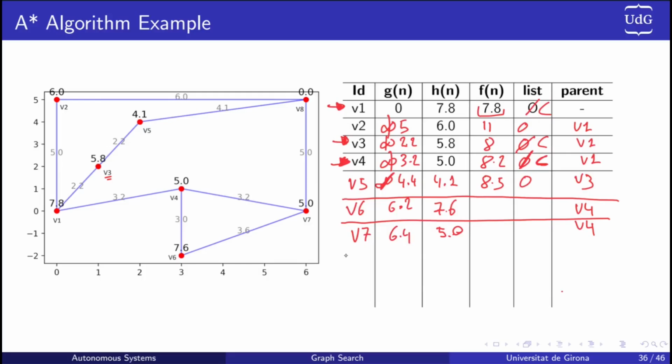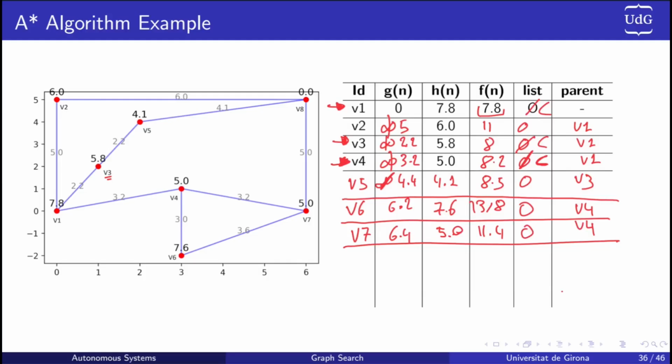I'm doing okay, yeah? If I make any mistake, you tell me. Now I have to compute f. f is 13.8. I don't write it very nicely. 13.8, and here it's 11.4. And both of them are in the open list.